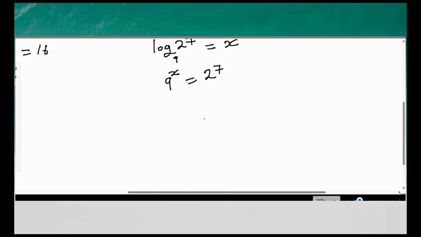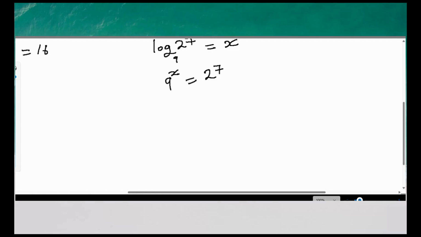Now having that, we have to look for a scenario where the bases of our exponential equation become the same. I think the common base for 9 and 27 is going to be 3, right?